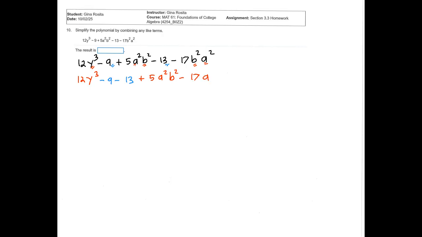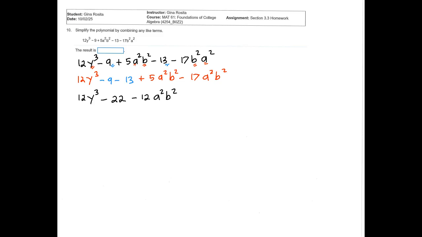So we're going to solve this one. So 12y cubed. Negative 9 minus 13. The answer is minus 22. 5 minus 17. The answer is minus 12. So A squared, B squared. Okay, this is for number 10.